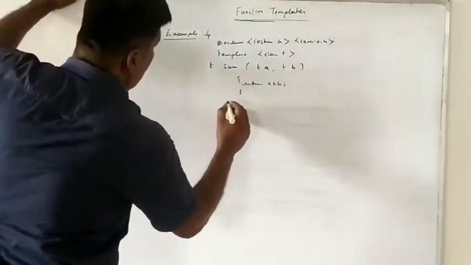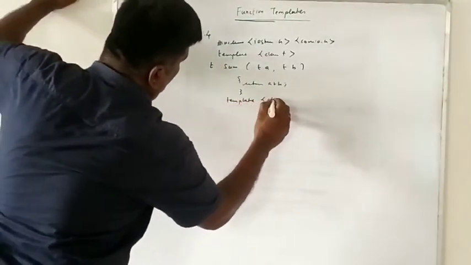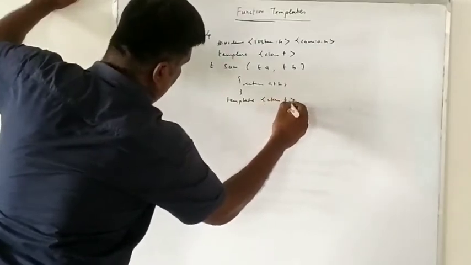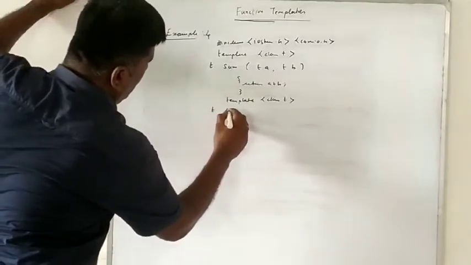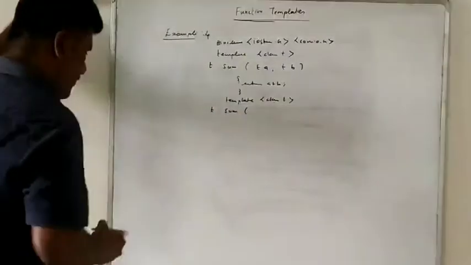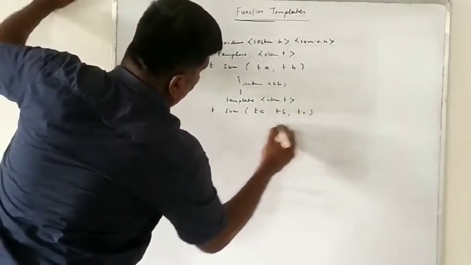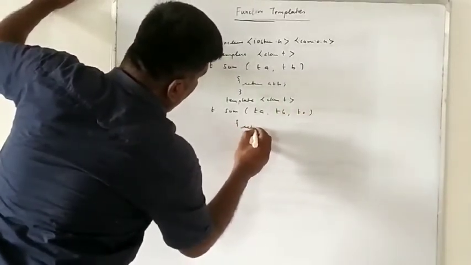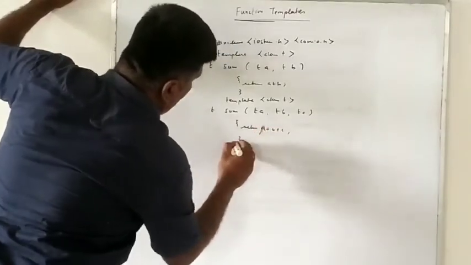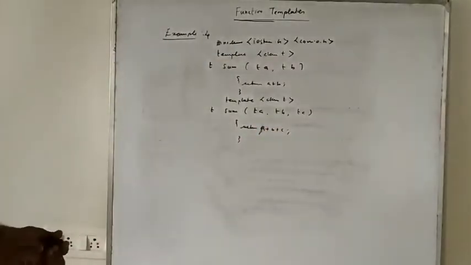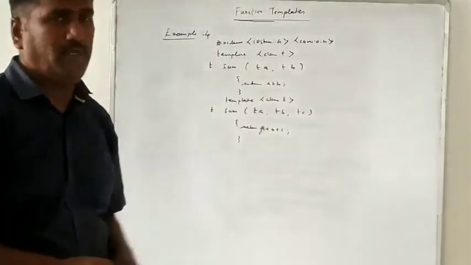Then you can create another: template class T. Here T sum of T a, comma, T b, comma, T c. It returns a plus b plus c. Here we are using two arguments; there we are using three arguments.